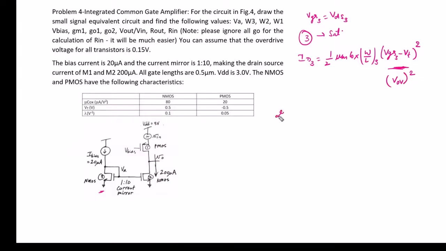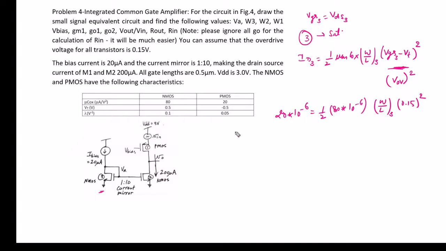ID3 is given as 20 microampere, half mu n COX is given as 80 into 10 to the power minus 6, W by L3 that we need to calculate, and VOB is 0.15 squared.